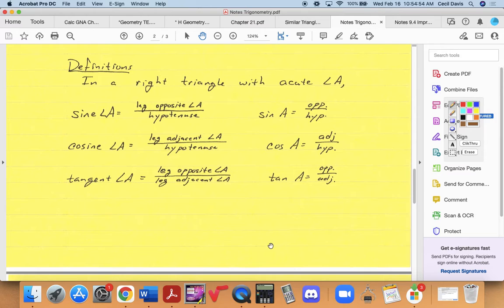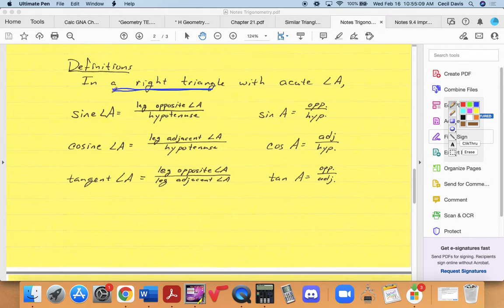You can't do this next test without memorizing this. And we'll talk about some ways to help you memorize them in just a second. But first of all, notice it has to be in a right triangle. If it's not in a right triangle, none of these rules apply. Just like, what's the other thing that only applies to right triangles?